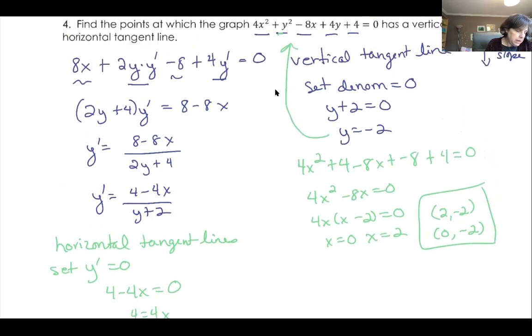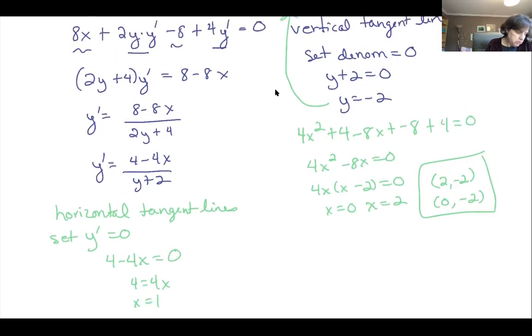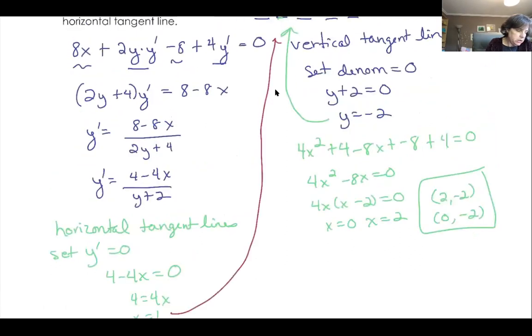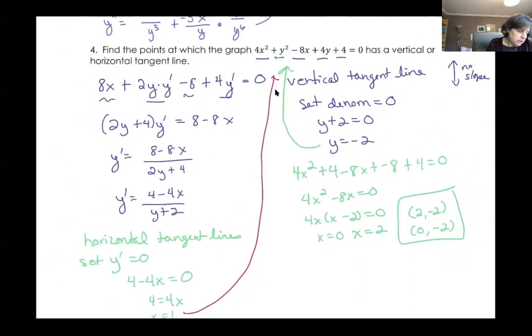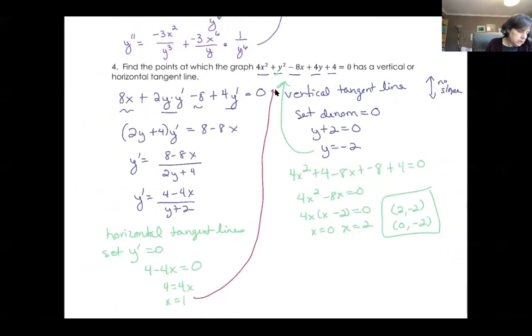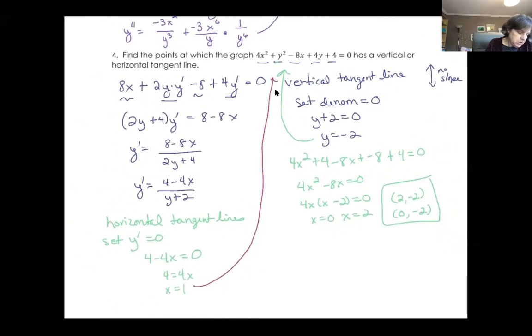So I will plug x equals 1 into the original equation. So that would give me 4 times 1 plus y squared minus 8 times 1 plus 4 times y plus 4 equals 0.